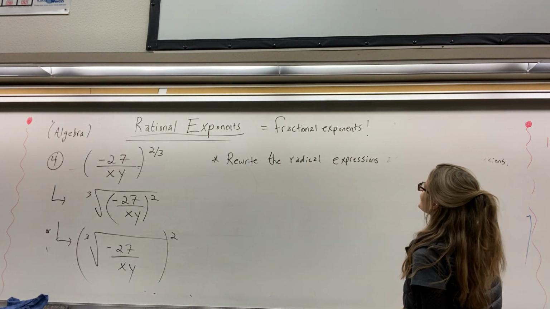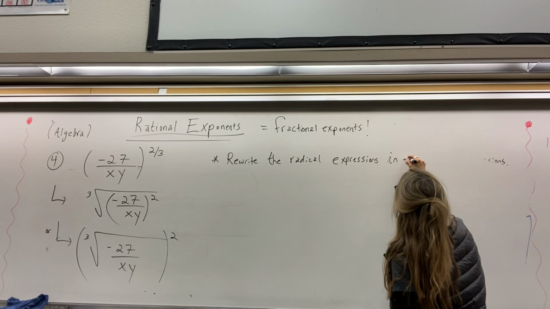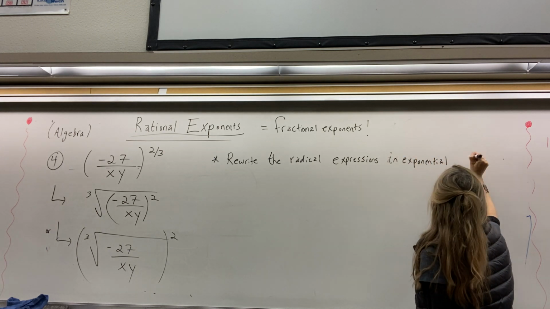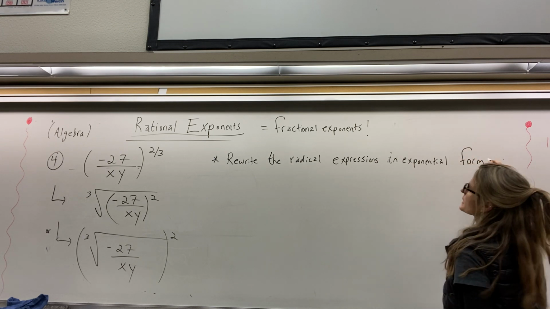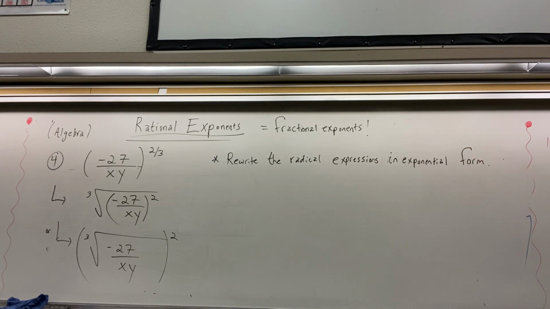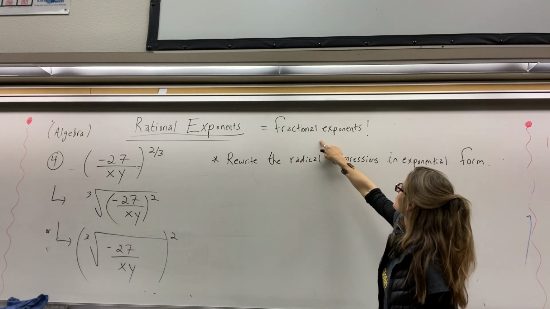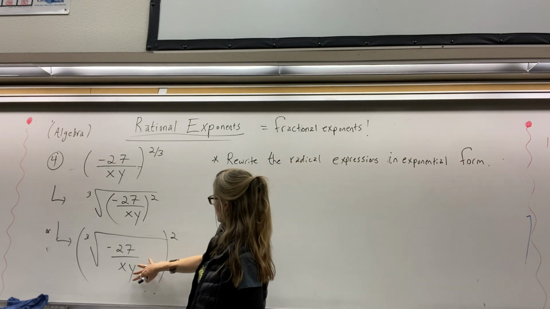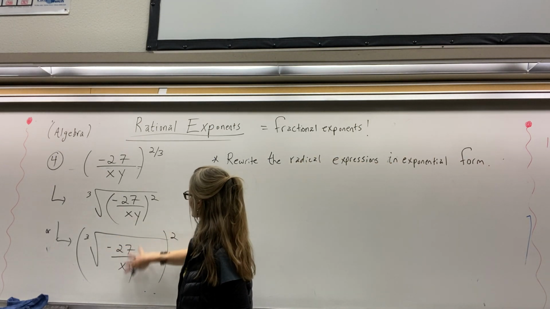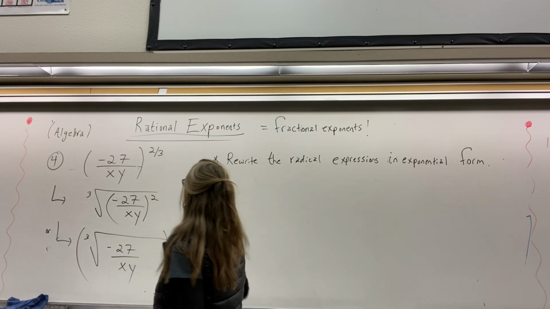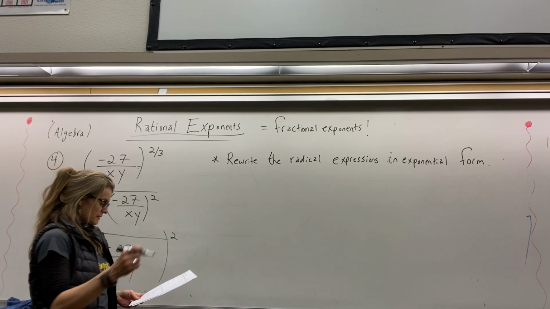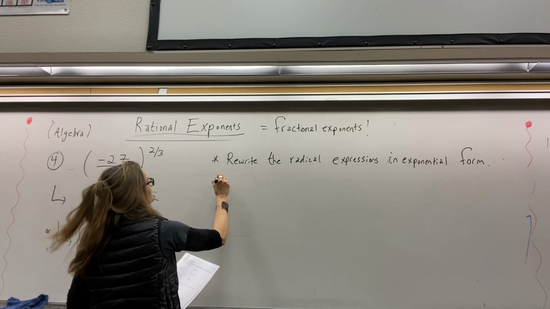Rewrite the given radical expressions in exponential form. That's a more accurate way of saying it, because they're rational exponents or fractional exponents. So we're writing it into exponential form. So we're going to go backwards. We want to go from this sort of quantity here and write it as an expression with fractional exponents, rational exponents. So let's go ahead and look at some examples.